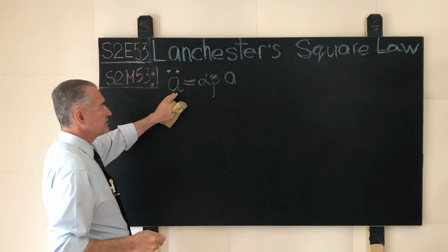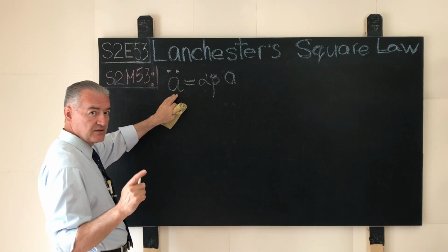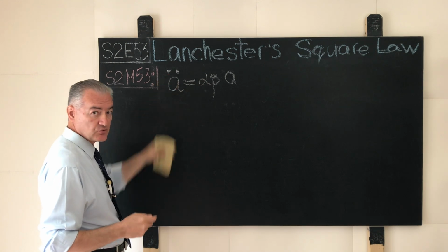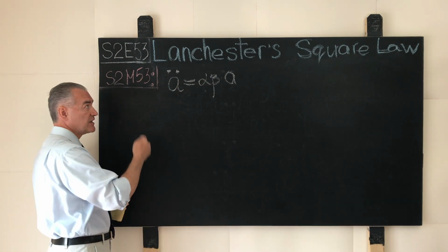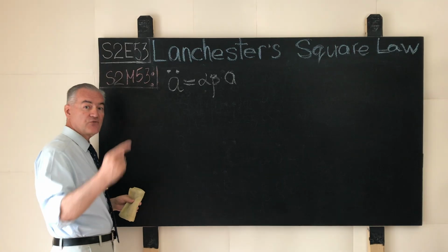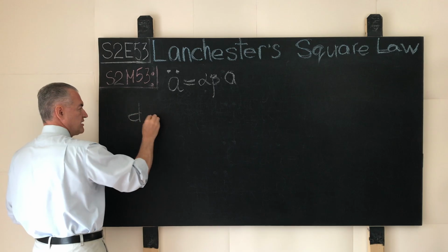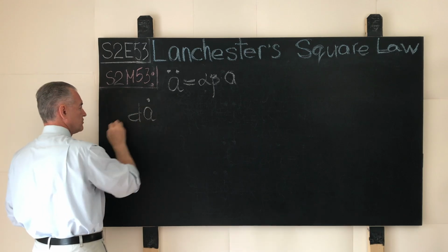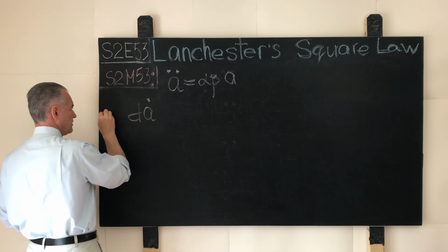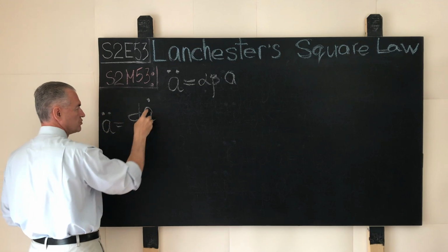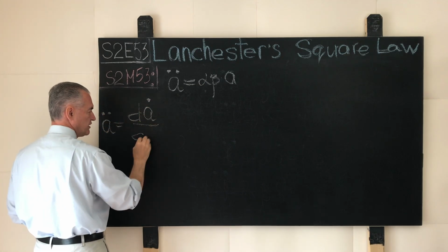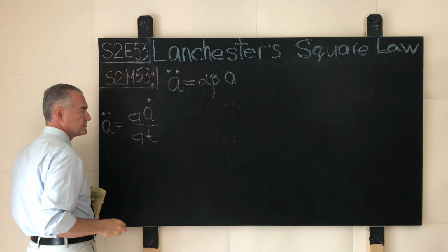Here, the basic idea is to spell out, on the one hand, the definition of the second derivative. What is the second derivative? The second derivative is the first derivative of the first derivative. So we write d A dot over dt, you see, is equal to alpha beta A. Do you agree? This is very straightforward.